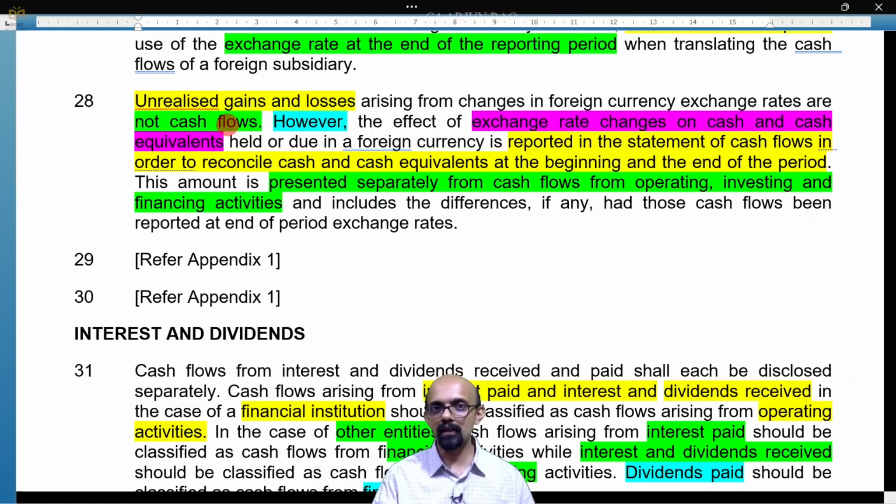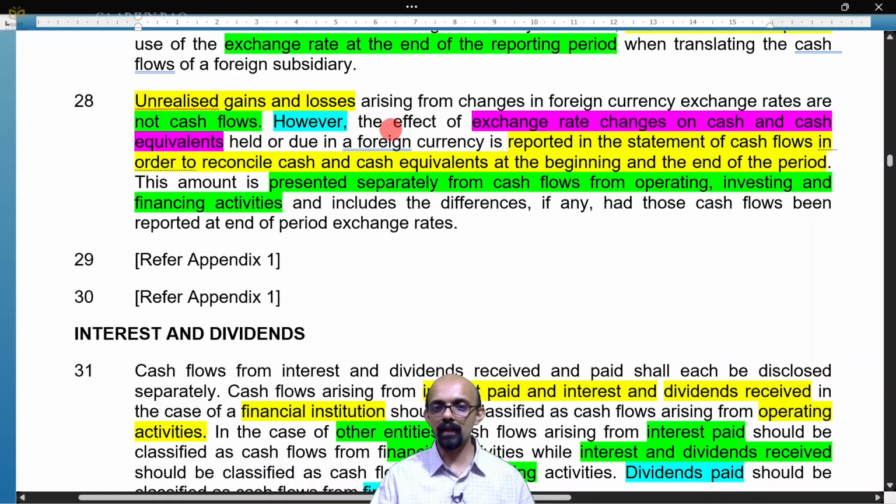You have sold to the customer, you have billed in dollars, and at the end of the reporting period, the customer has not yet paid us. So when we report the foreign currency customer at the exchange rate at the end of the reporting period, there may be some exchange difference, and that difference may be gain or loss. So obviously that is not a cash flow. So that we know.